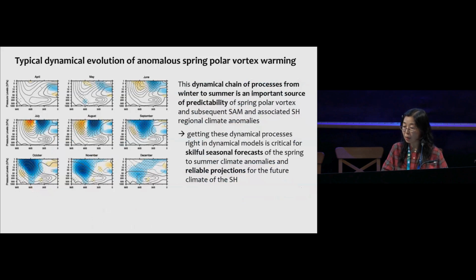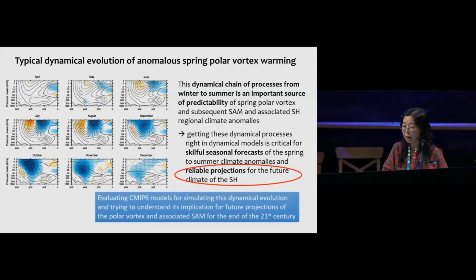So getting these dynamical processes right in dynamical models is critical for skillful seasonal forecasts of the spring to summer climate anomalies and reliable projections for the future climate of the Southern Hemisphere. In this study, we focused on this latter topic by evaluating CMIP6 models for simulating this dynamical evolution and trying to understand its implication for future projections of the polar vortex and associated SAM for the end of the 21st century.